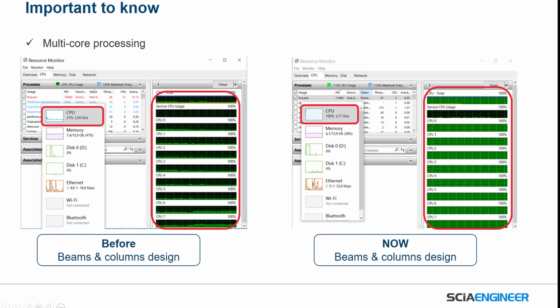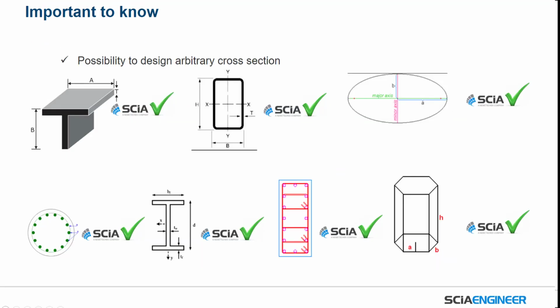Here I'm trying to make a comparison for the same model between using the old concrete and the new concrete, and you can see with the old concrete SCIA uses only 20% of the CPU. With the new concrete we are using 100% of the CPU. So the more powerful your laptop, the faster your calculation will be. But in the past, even if your laptop was powerful, that would not influence the calculation of SCIA Engineer.